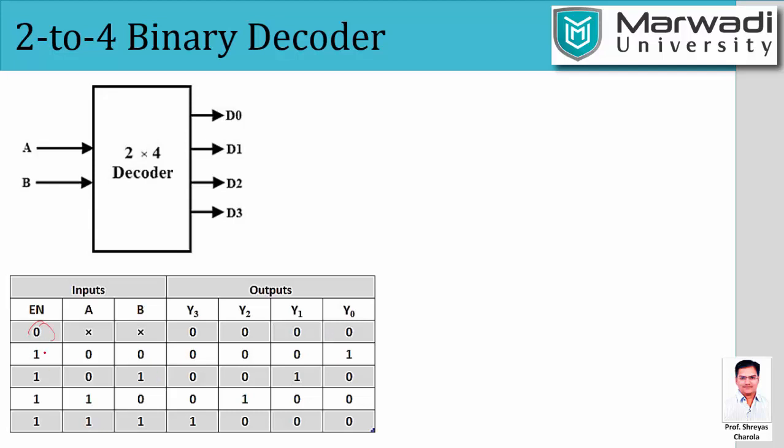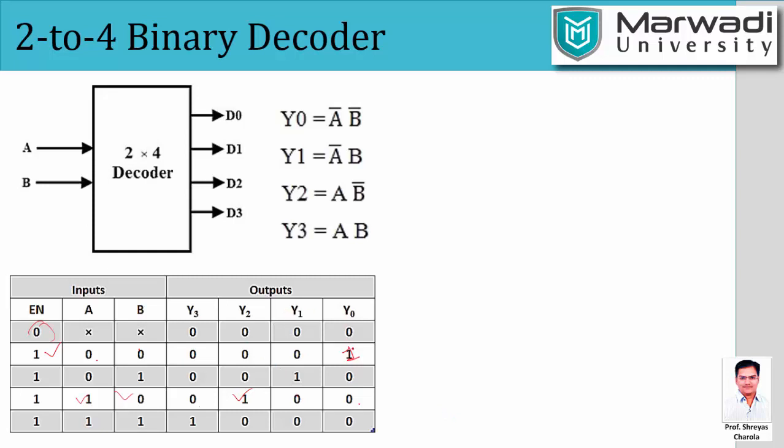When the enable is 1 and the input is 0 0, y0 will be 1 and the rest of them are 0. If it is 1 0, y2 will be 1, the rest of them are 0.